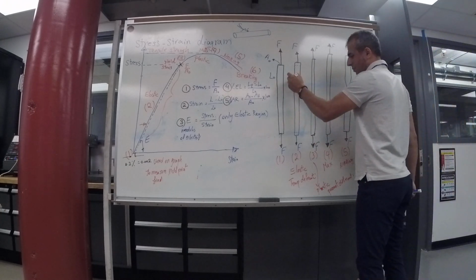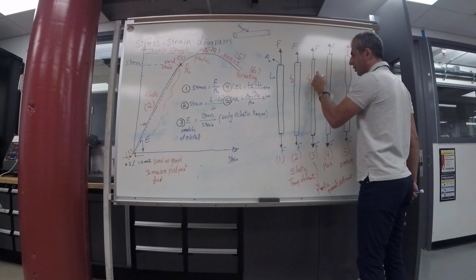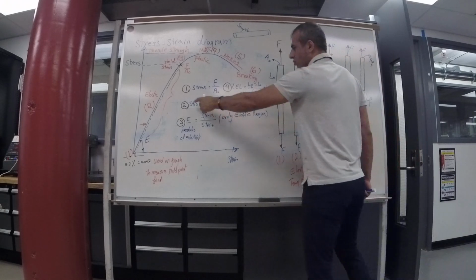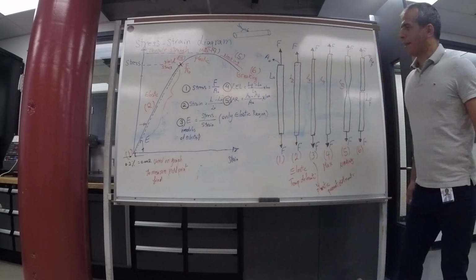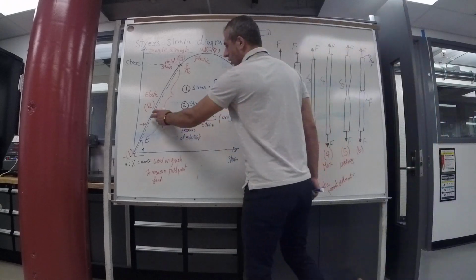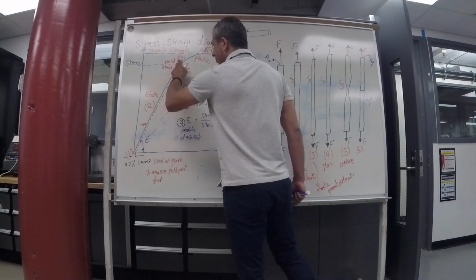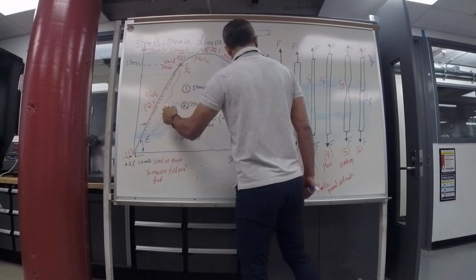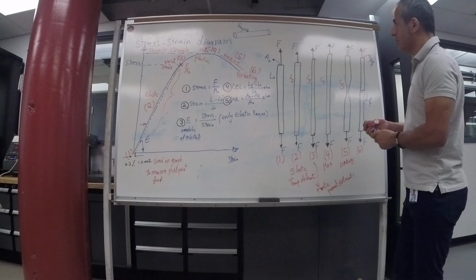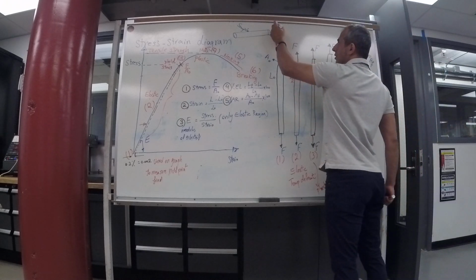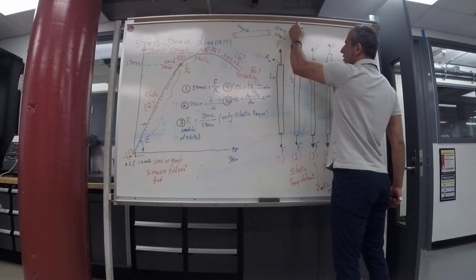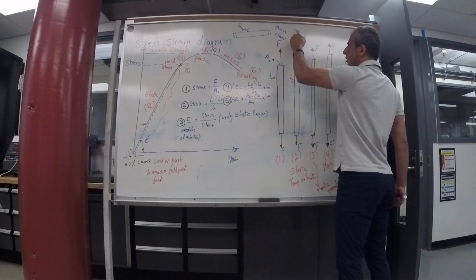We have L for this part, L2, L3, L4, L5, and we can find a strain for each of those and write it down. But remember that if you want to draw a stress-strain diagram, this part is linear between 1 and, let's say, 0.2, somewhere here. So we need to find a stress and a strain here, and a stress and a strain here.